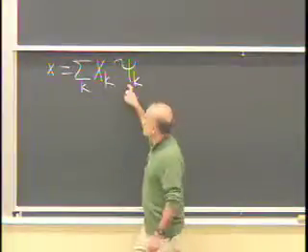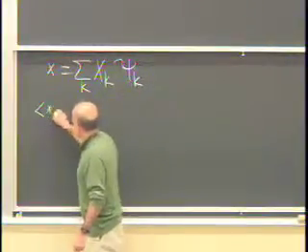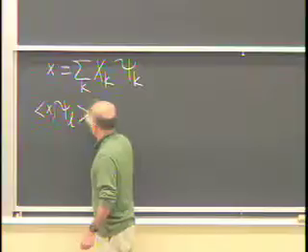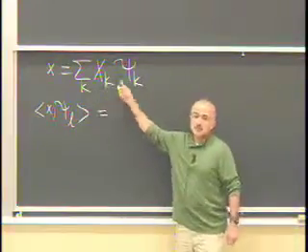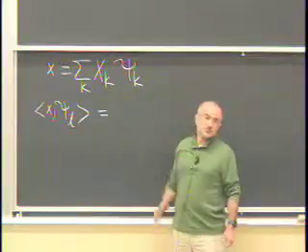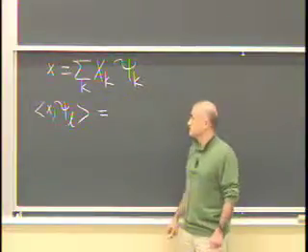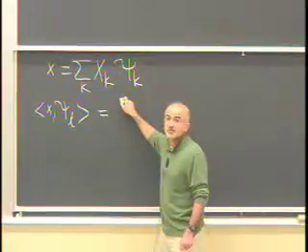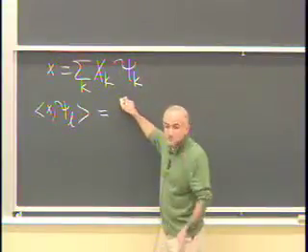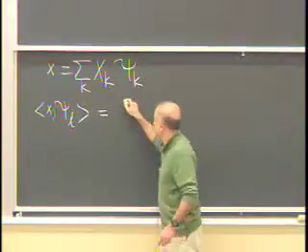Inner product with one of these functions. So let's say I take the inner product with the Lth term. Then on the right-hand side, how many terms are non-zero? Which one? The Lth one.